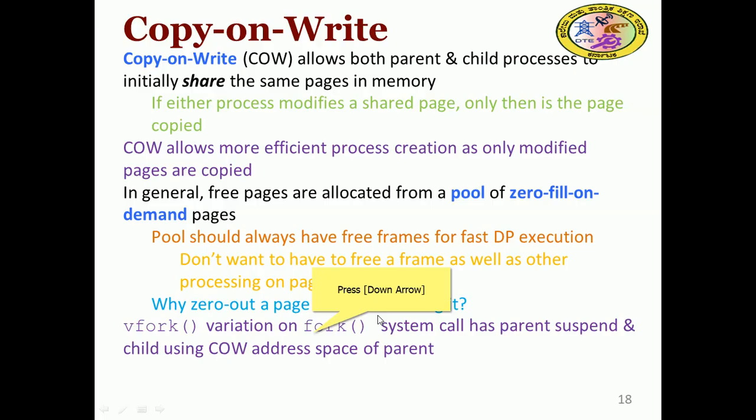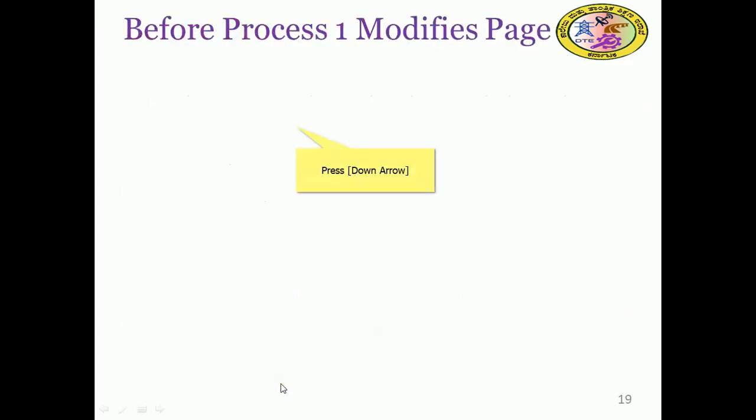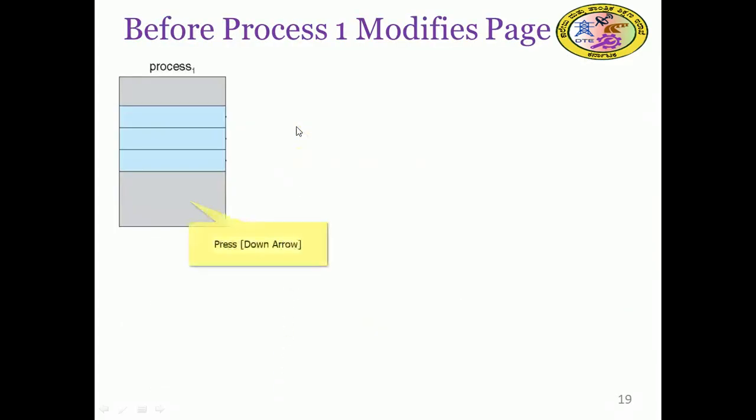The shared pages are left, and the non-shared pages that the child is going to modify will be copied. It is designed so that a child calling exec is very efficient.